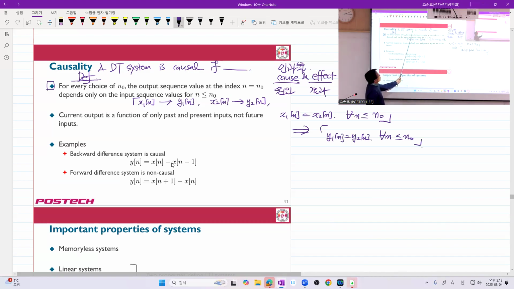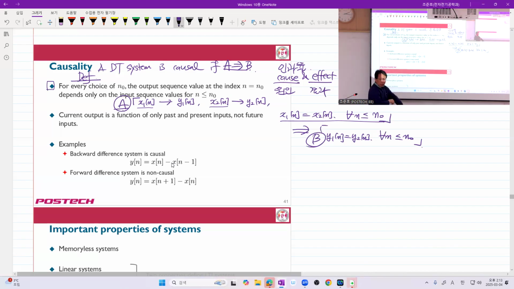So a DT system is causal if, let's say this is A, A implies B. This entire statement implies that statement. By the way, A is for any x1 and x2 that satisfy that condition, not a single one.